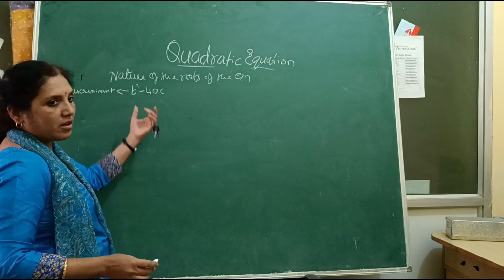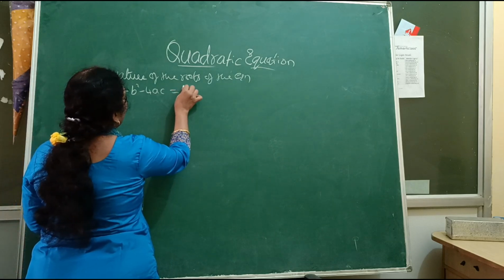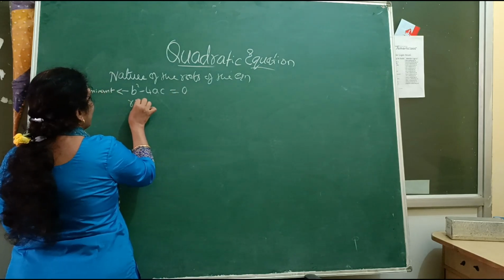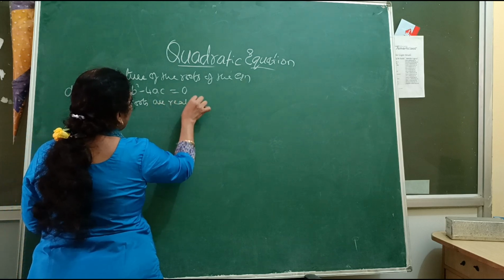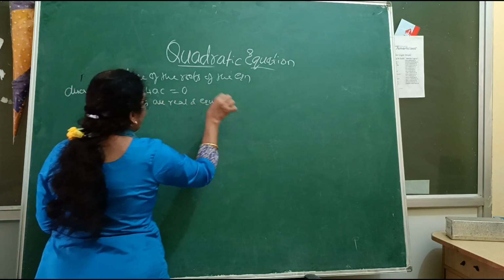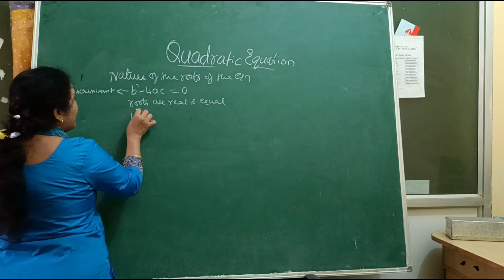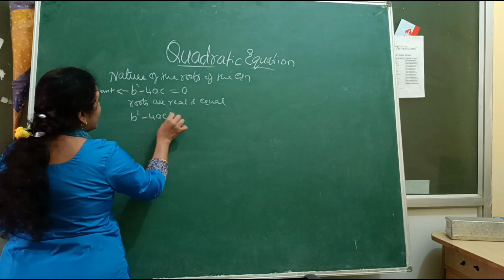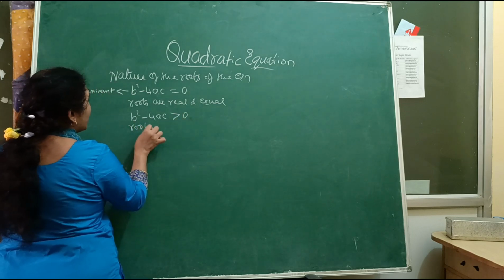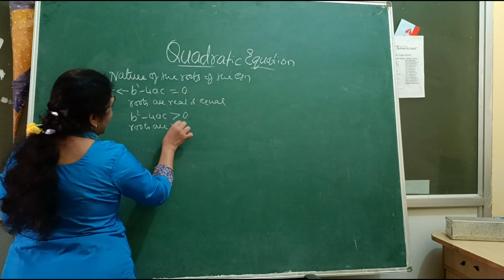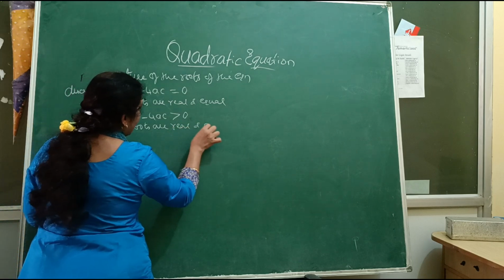If b square minus 4ac is equal to 0, then the roots are real and equal. If b square minus 4ac is greater than 0, then the roots are real and distinct.